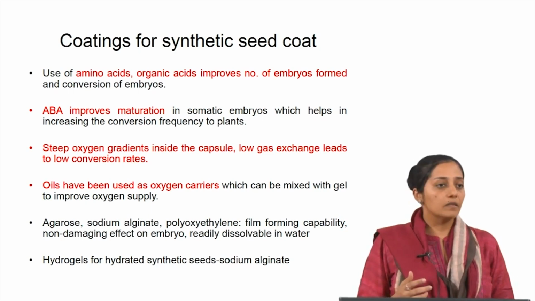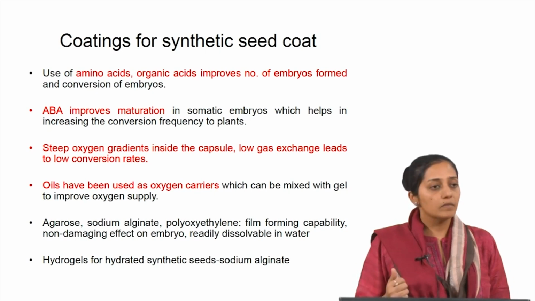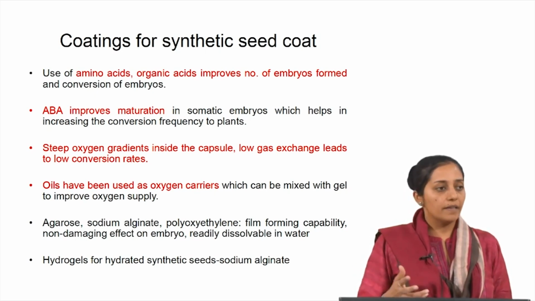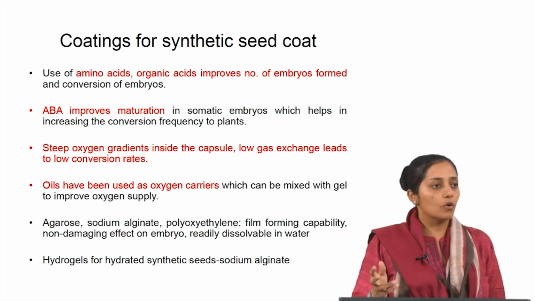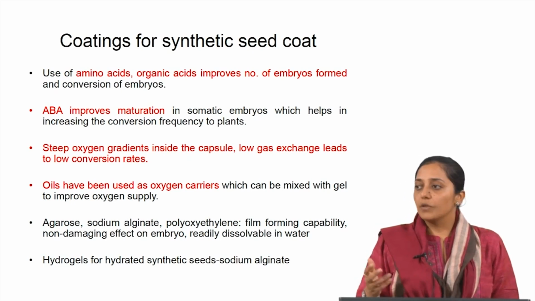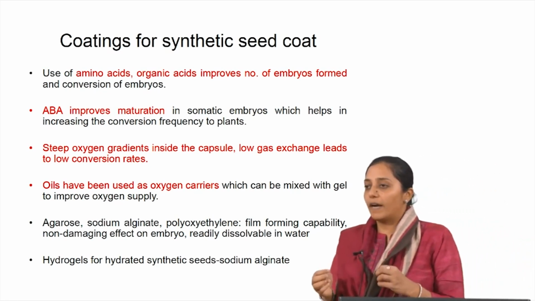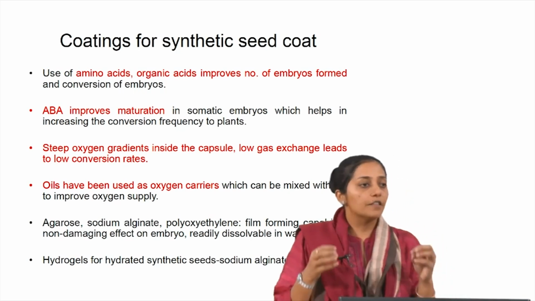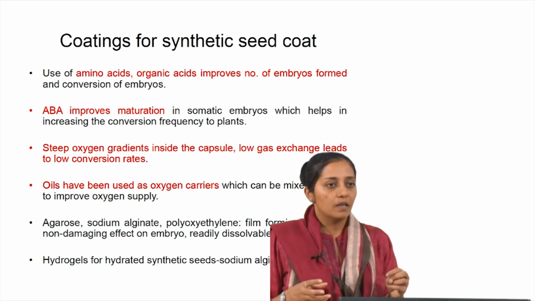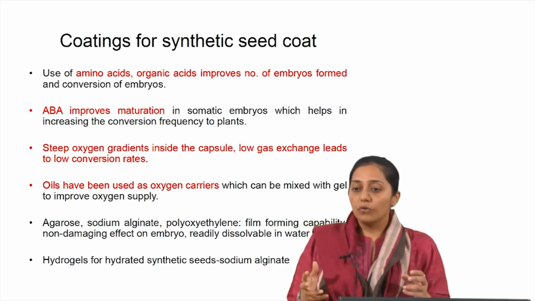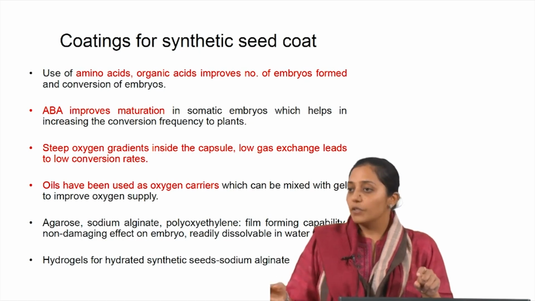These are organic compounds, for example dodecane, or hydrocarbons or hydrofluorocarbons. Why are they used as oxygen vectors? Even in fermentations, oxygen vectors are added in the medium to improve the oxygen transfer capacity. How does it improve? Because these have higher solubility of oxygen in comparison to water.